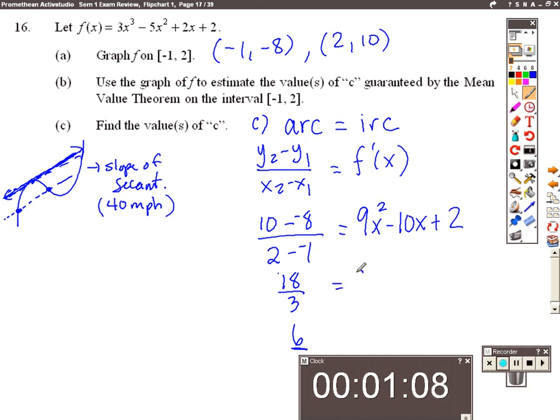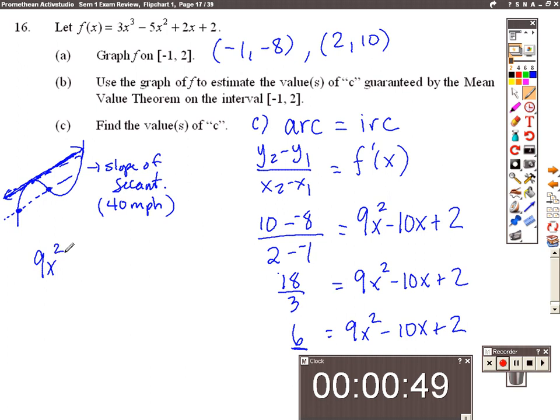I was going to say I could divide everything by 2, but I can't. So that would be 9x squared minus 10x, subtracting 6 to the other side, minus 4 equal to 0.